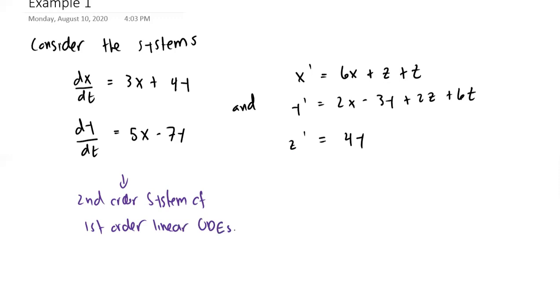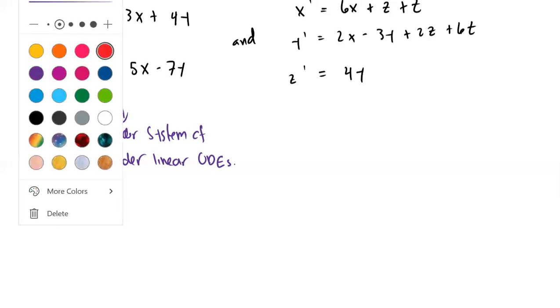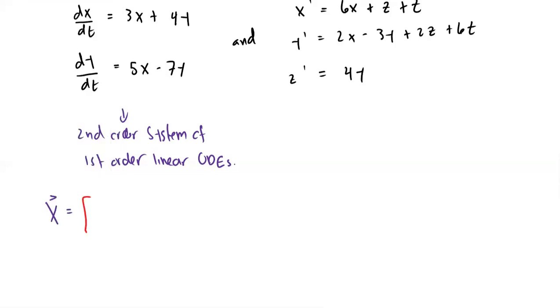If we want to write it in matrix form, then our x would be the vector containing the dependent variables, which in this case are x and y. A is going to be the matrix containing the coefficients.